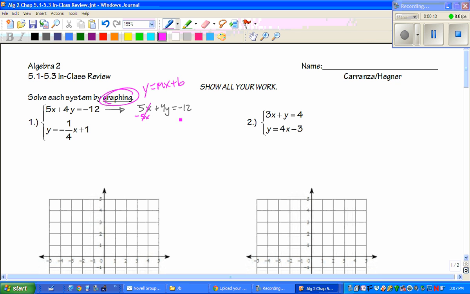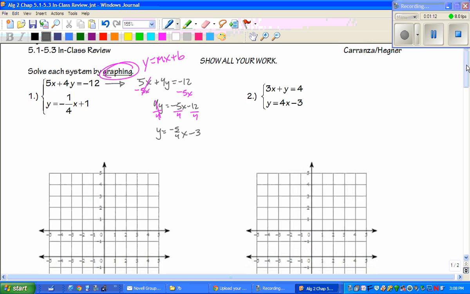We have to subtract the 5x from both sides, and you get 4y equals negative 5x minus 12. Still not by itself, so we have to divide everything by 4, and we get y equals negative 5 over 4x minus 3.